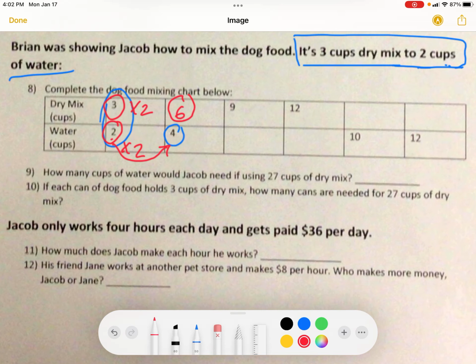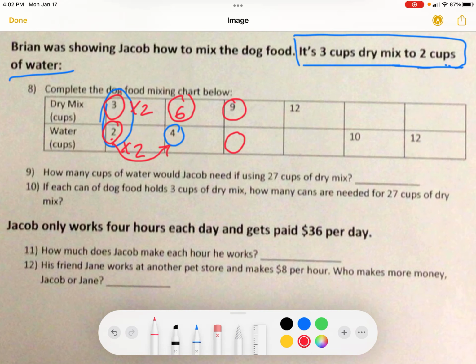So that's what you have to do. You have to figure out, is your recipe getting bigger or getting smaller? If the recipe is getting bigger, you're multiplying. If the recipe is getting smaller, you are dividing. So let's look at the next column. Now, the table says that I have 9 cups of dry mix and I need to know how much water is needed for this particular recipe. So I'm going back.